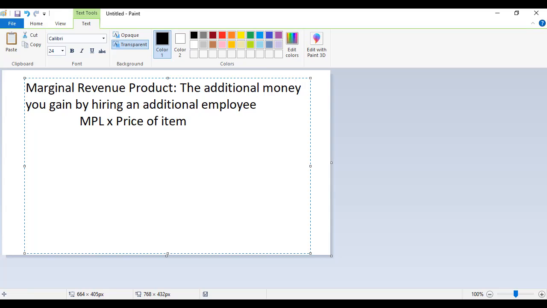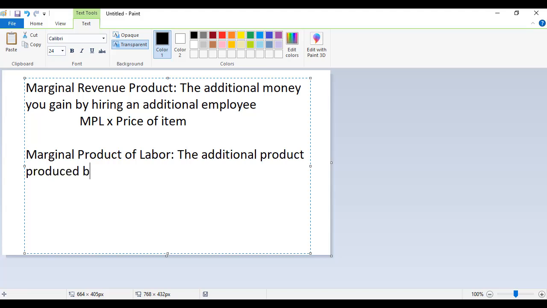Marginal product of labor is the additional product produced by hiring an additional worker. So it's basically the extra stuff that's made when you hire another person.